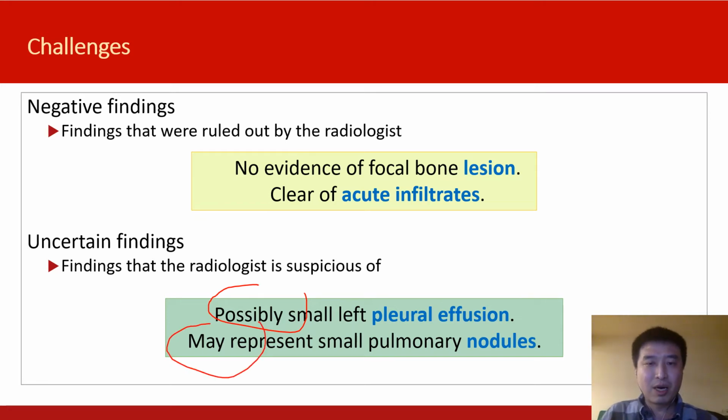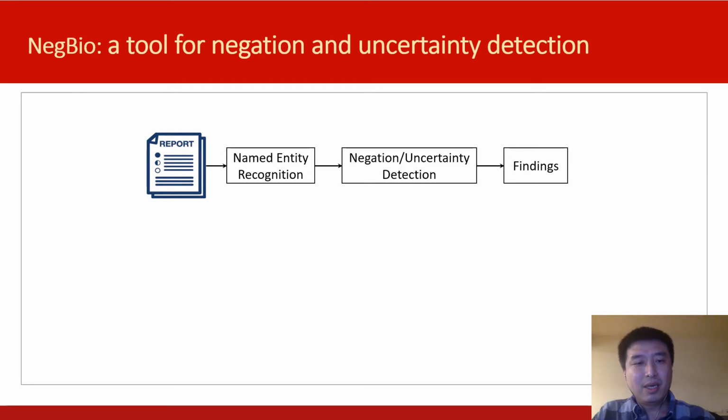Those are examples of uncertain findings that we observed from the radiology reports. Therefore, the natural language processing task here is to differentiate the positive findings from the negative findings and uncertain findings.